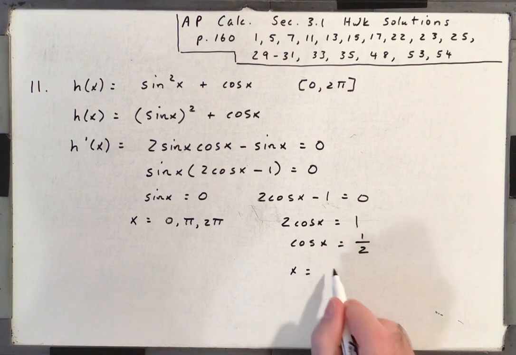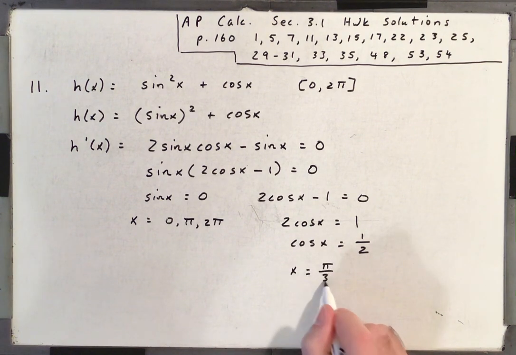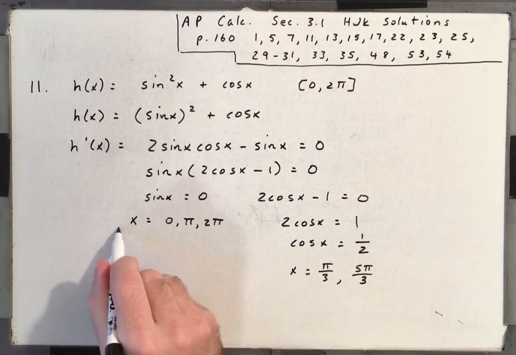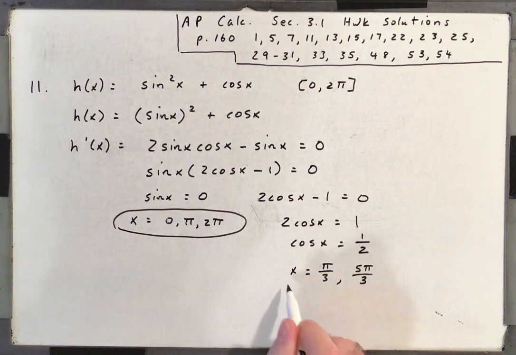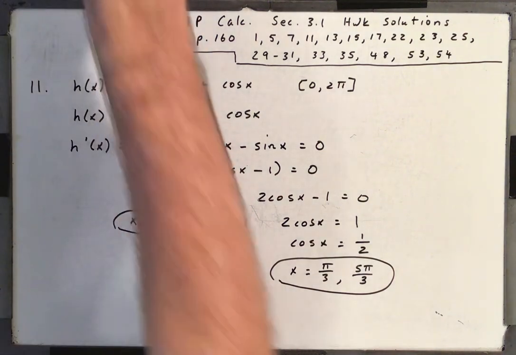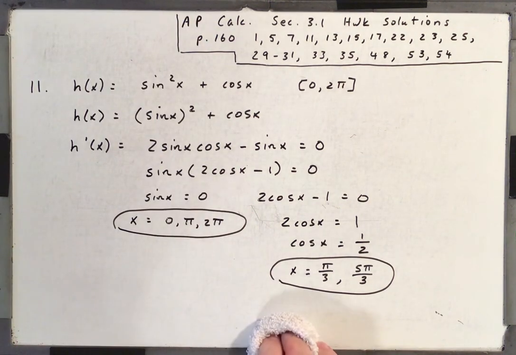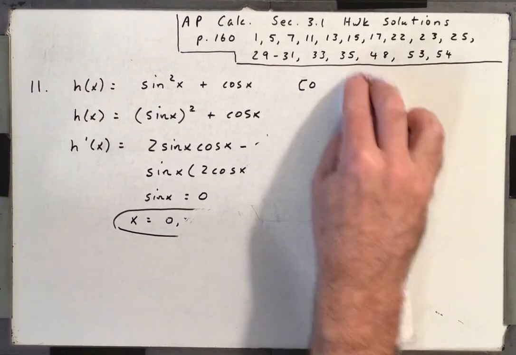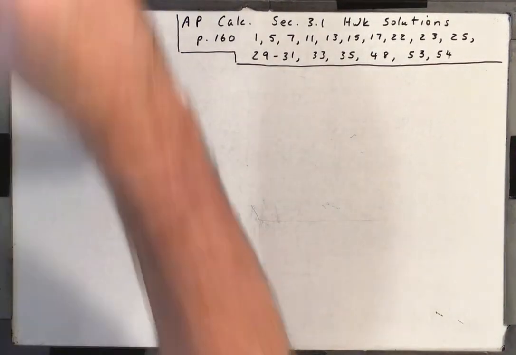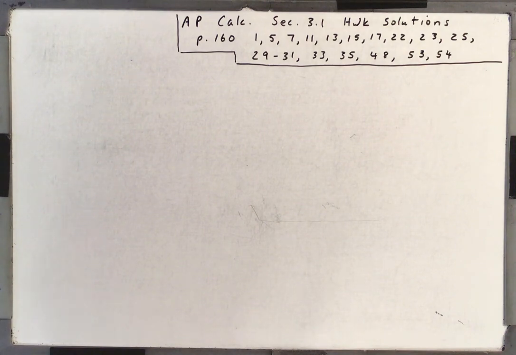So at x equals pi over 3 and 5 pi over 3. So our critical numbers are at those 5 points. This is a good problem. It shows you that you've got to do algebra with these trig functions sometimes and find your handy-dandy unit circle. Okay, that's one I recognize. I work that one probably every year, so I wouldn't be surprised if you're watching that one.